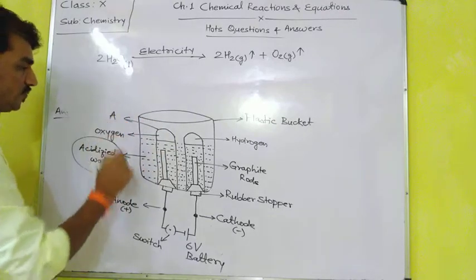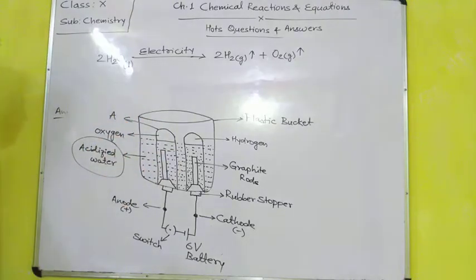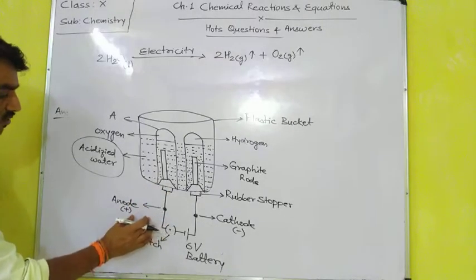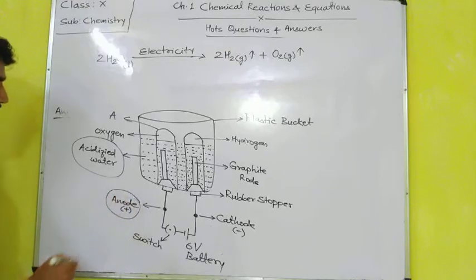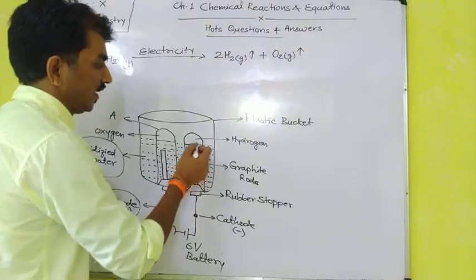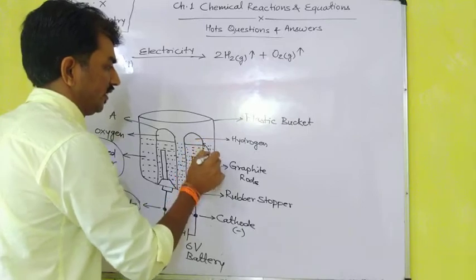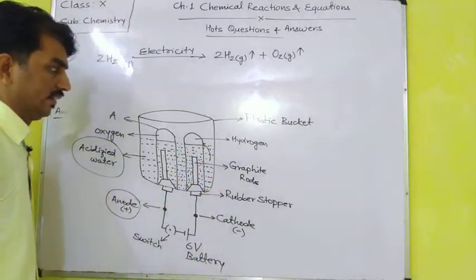Suppose this is inverted test tube A, below which the anode is present. In the second inverted test tube, the hydrogen gas will be collected from the water.